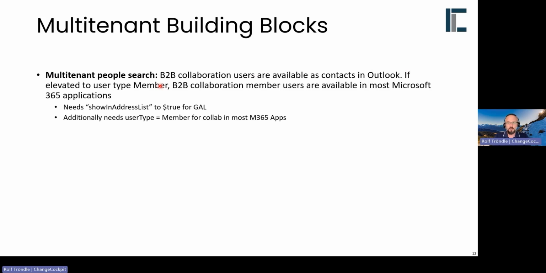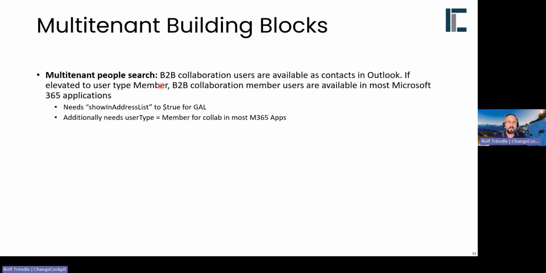By default, if you invite someone into your Teams, then you will have a B2B guest user. That's an external user who doesn't have the same permissions and rights as a B2B member user. You can also convert this manually if you would like to do so.